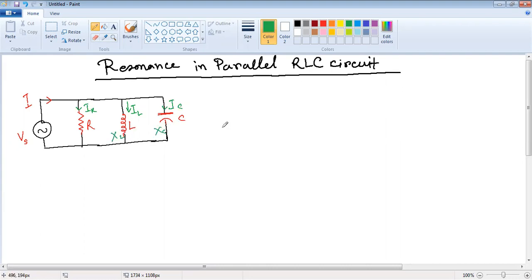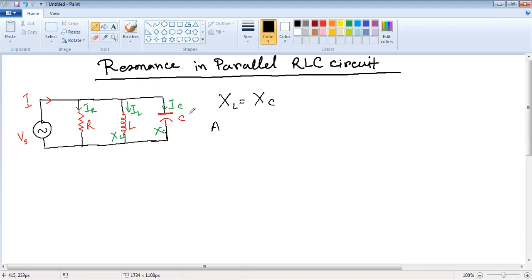At the resonant condition, XL must be equal to XC. When XL becomes XC, this is called the resonant circuit. What is the behavior of the resonant circuit? For this parallel resonant circuit, the circuit becomes purely resistive.